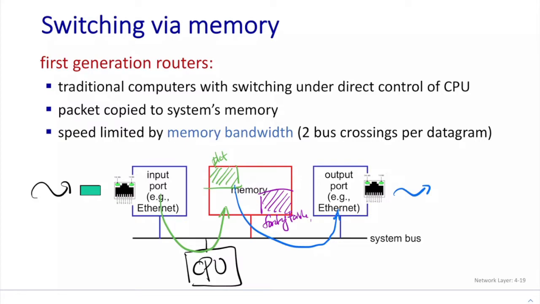In this case, the speed is limited by memory bandwidth because we have 2 bus crossings per datagram, the green one and the blue one.